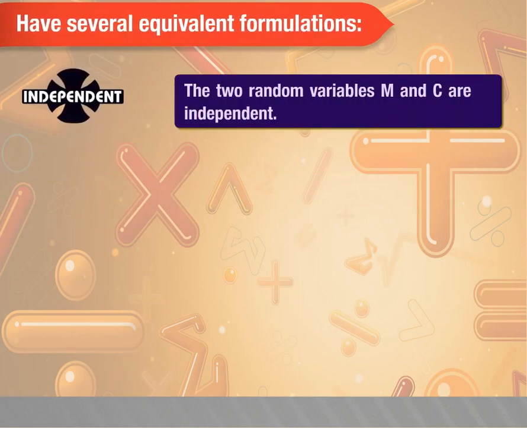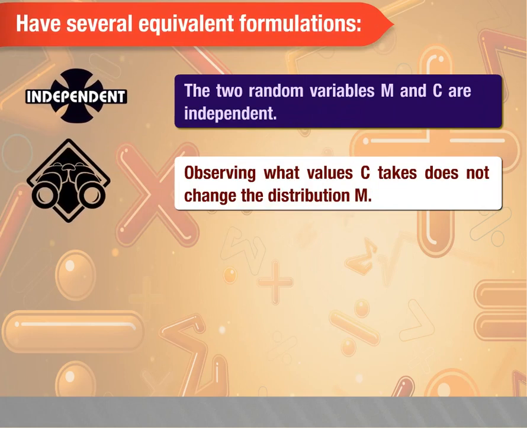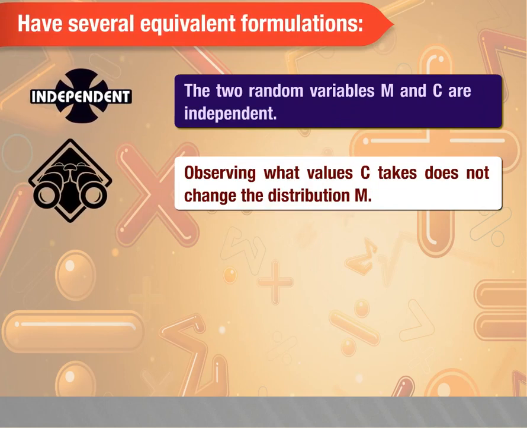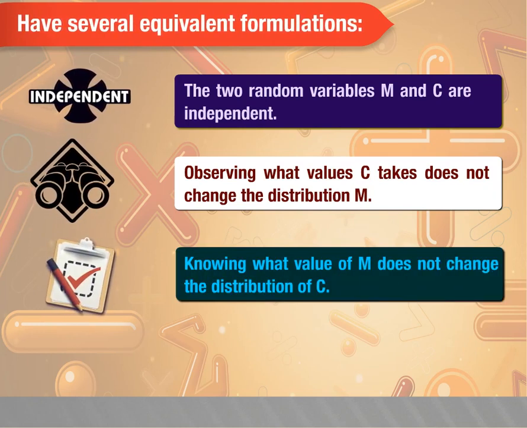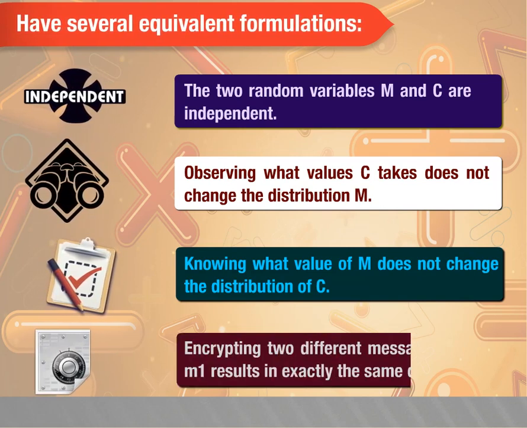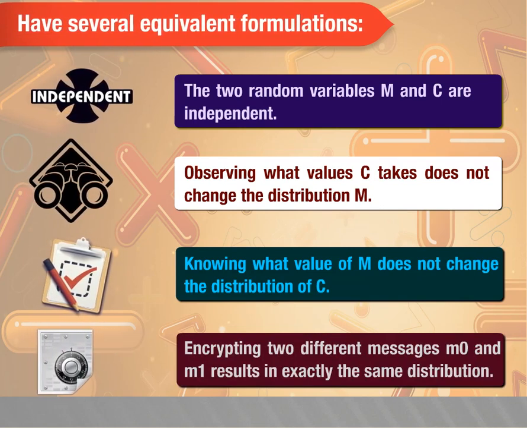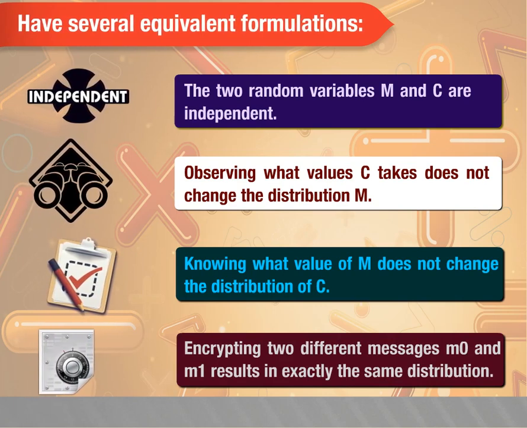The two random variables M and C are independent. Observing what value C takes does not change the distribution of M. Knowing what value M takes does not change the distribution of C. Encrypting two different messages M0 and M1 results in exactly the same distribution.